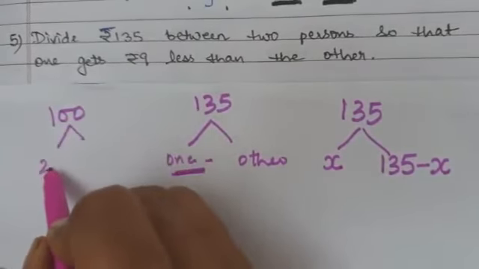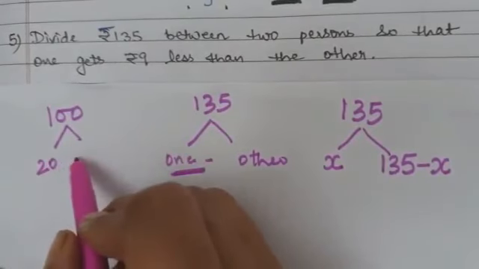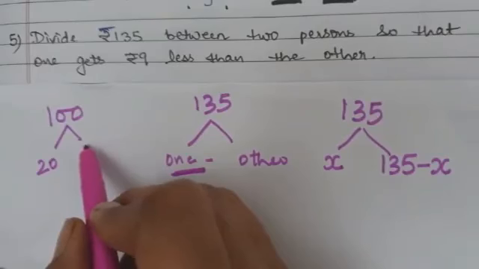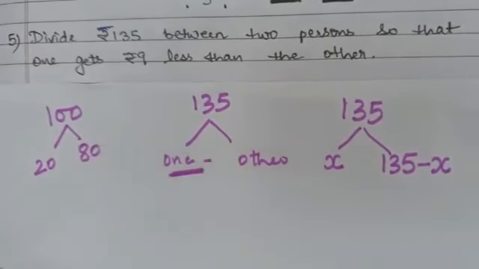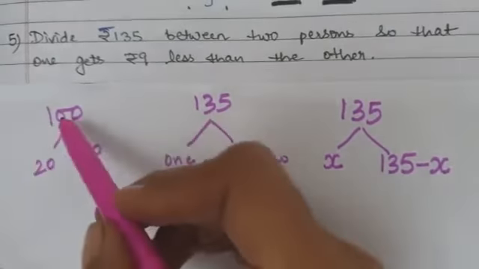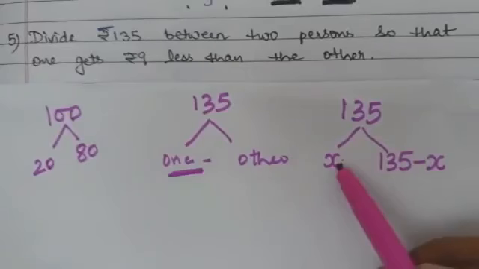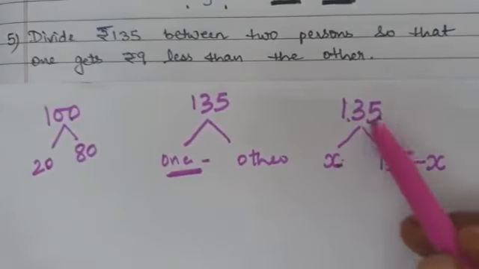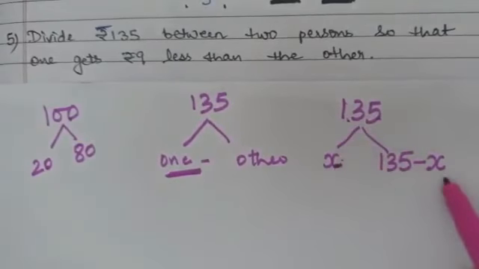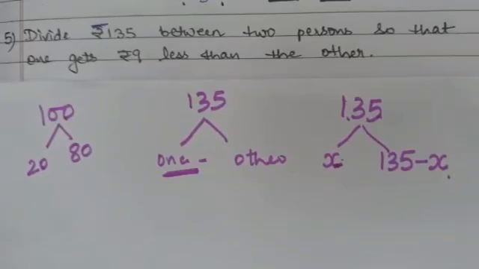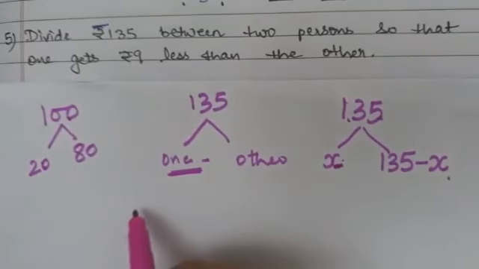One is having 20, other will be having 100 minus 20, that is 80. We have subtracted 20 from 100. Same thing I have applied here also. 135 minus x. Clear?